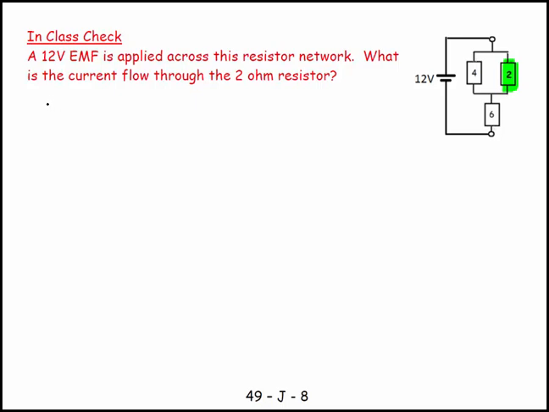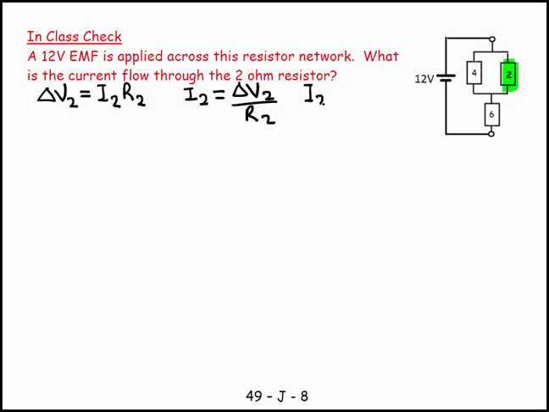I'm going to use Ohm's law. I'm going to say, well, delta V across the 2 ohm resistor is equal to the current flow through the 2 ohm resistor times the resistance of the 2 ohm resistor. Can you see my nomenclature there? So I say my current flow through the 2 ohm resistor is equal to delta V across the 2 ohm resistor divided by the resistance of the 2 ohm resistor.